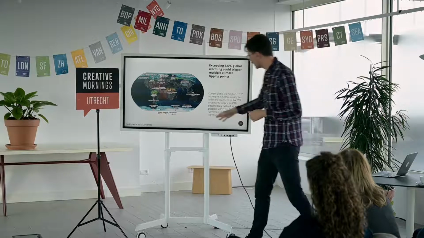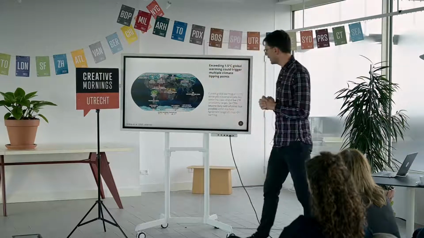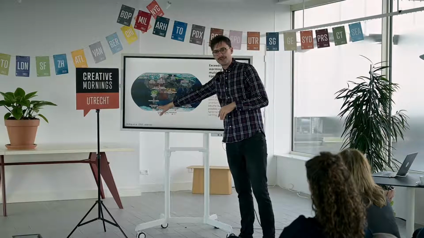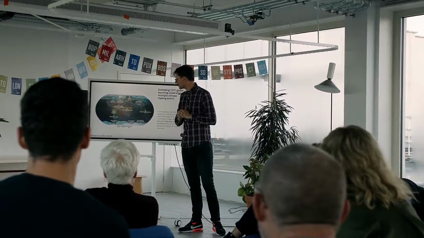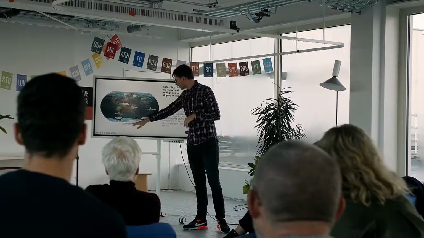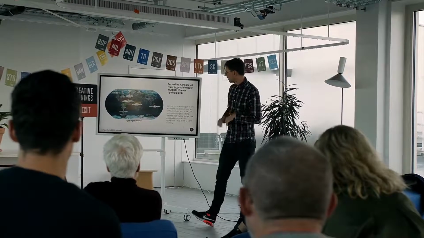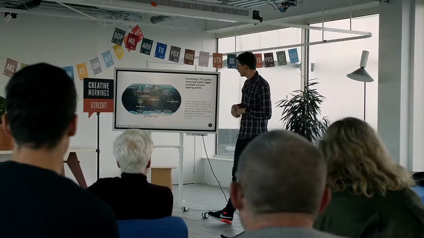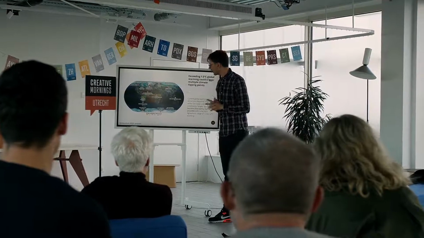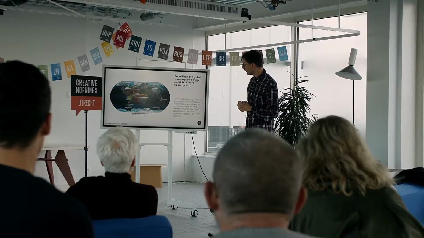So, for example, when we reach something like 2 degrees, the West Antarctic ice sheet starts to collapse. The Greenland ice sheet starts to collapse. When we reach 2 to 4 degrees, the Amazon rainforest starts to die back. Things like boreal forests change rapidly.